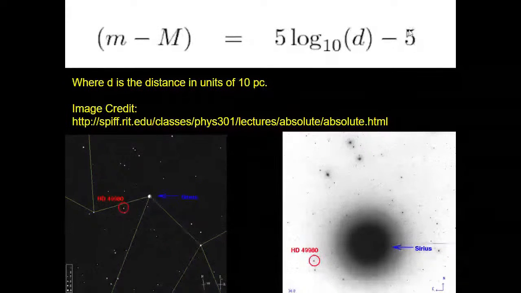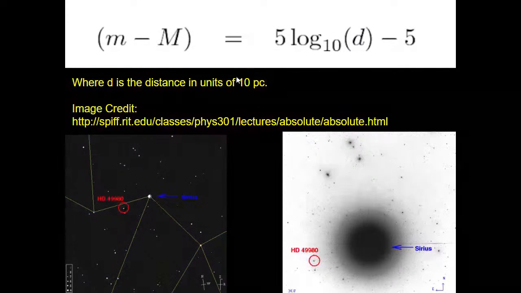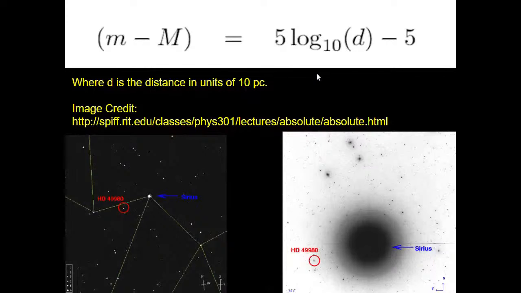So what you do is, if you know the bright object's distance from us, measure that distance in units of 10 parsec. Supposing the distance of that bright object is 1000 parsec, then d will be 1000 parsec divided by 10 parsec, that means 100, and you will put 100 in this place. Evaluate 5 log 10 of 100 minus 5.